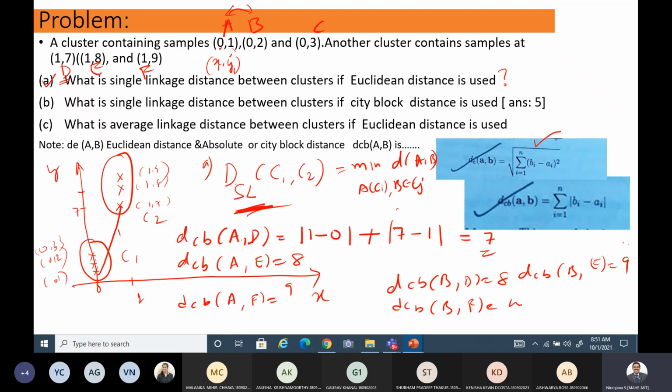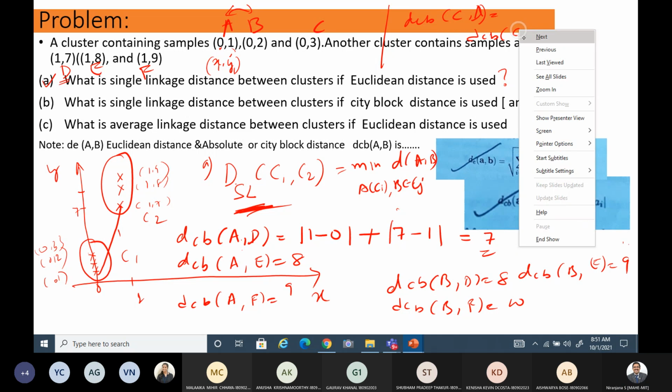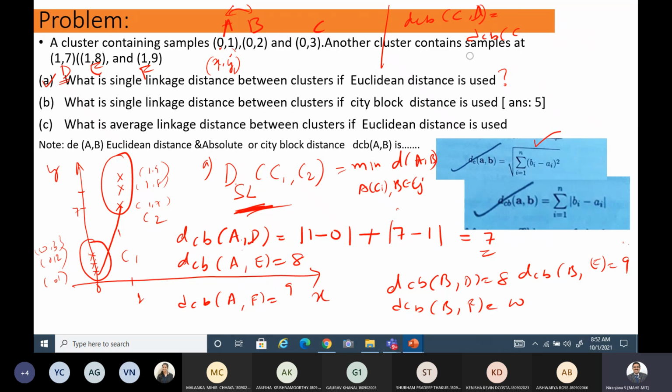Okay, the last one, I'll write here, between C, comma, D, E: 9, 10, 11.